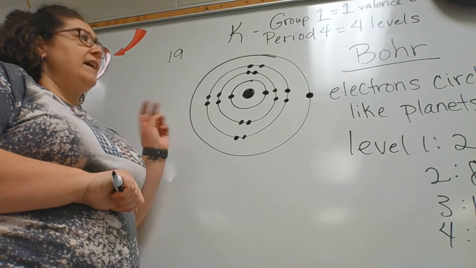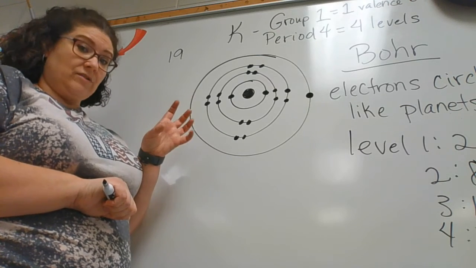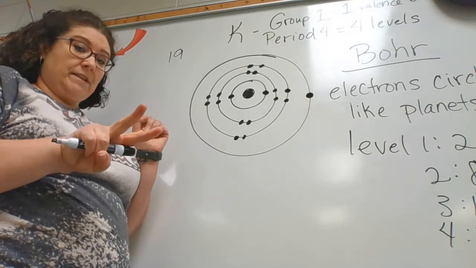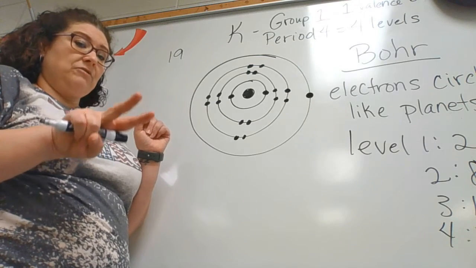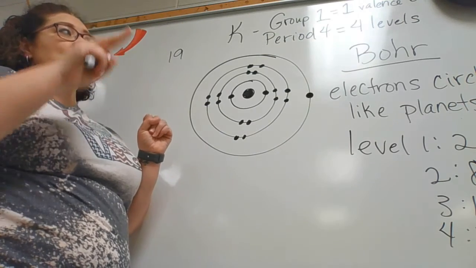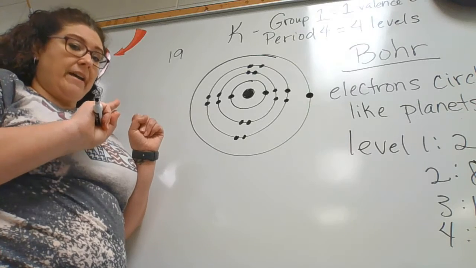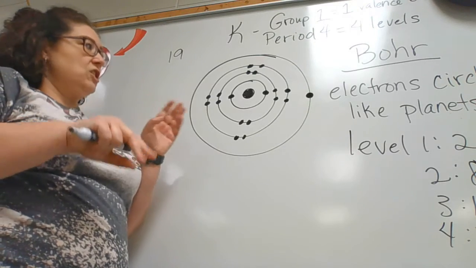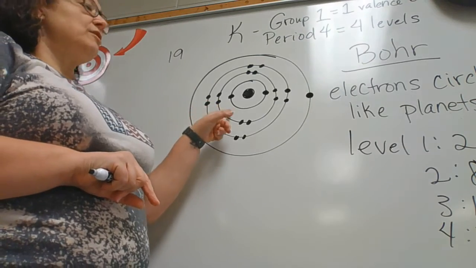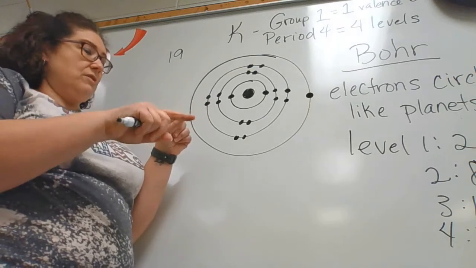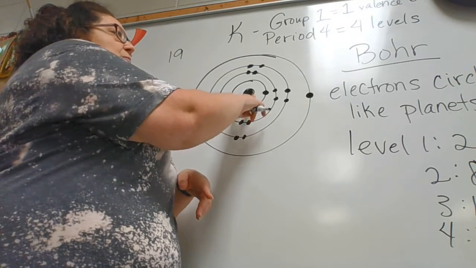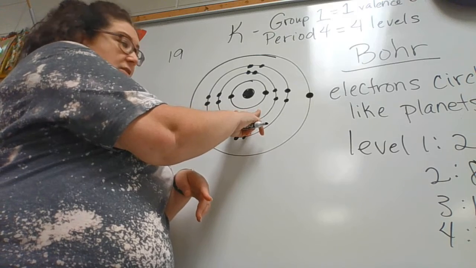Calcium, you're going to have a total of 20 electrons, and 2 of them are going to be on the outer layer because it's in group 2. So you're going to have 2 in the outer layer, and then you're going to fill up the rest of them on the 3 inner layers. Okay, so we start with 2, we add 8, that's our 10.